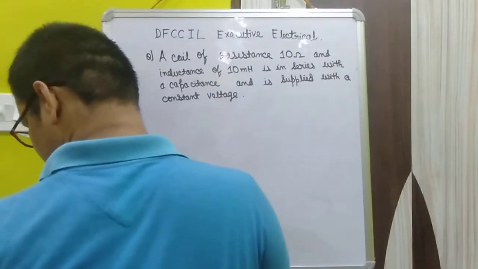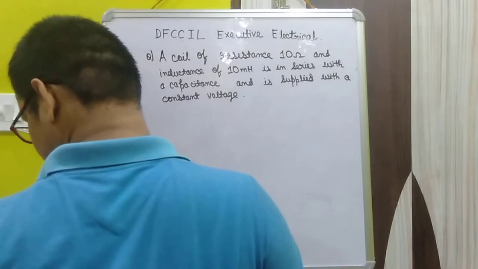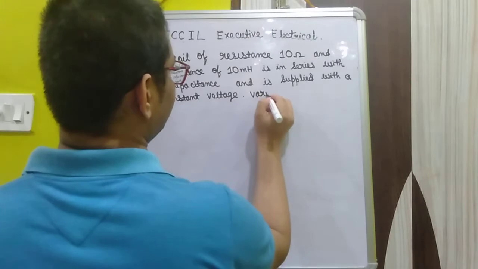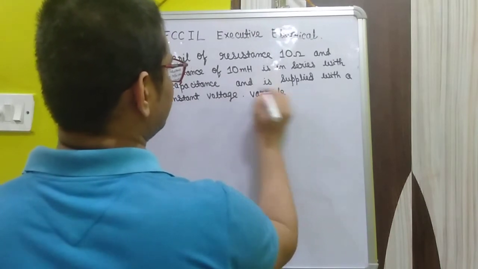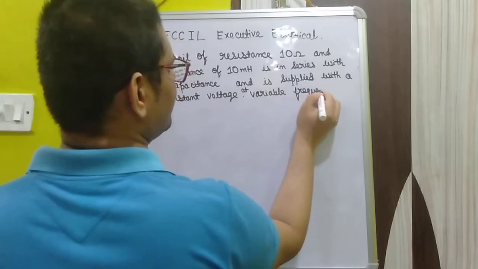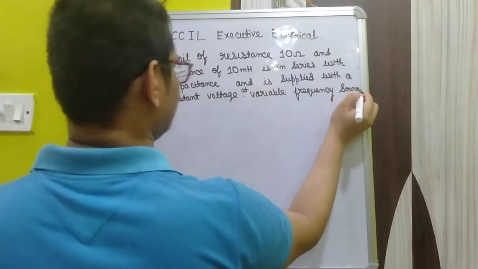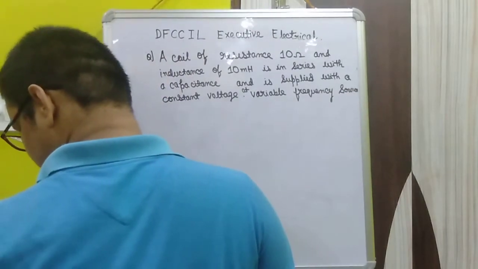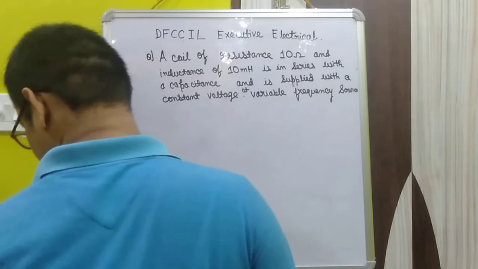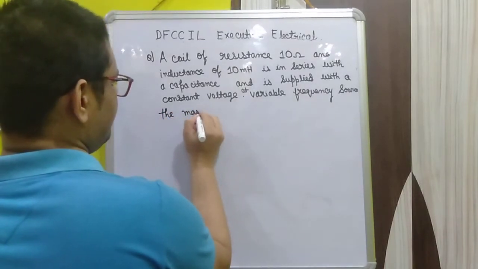The next part of the question is a variable frequency source. What we have to finally calculate: the maximum current is 2 ampere at 1000 hertz.